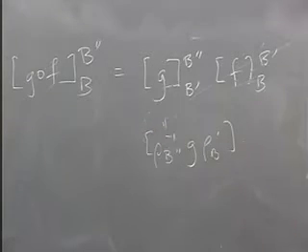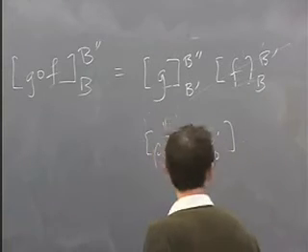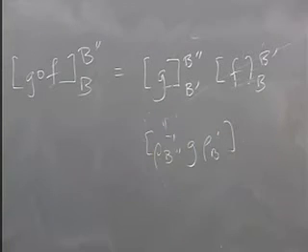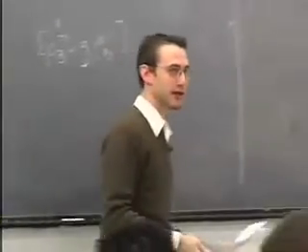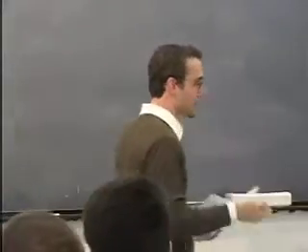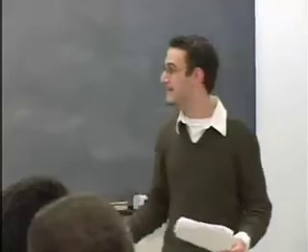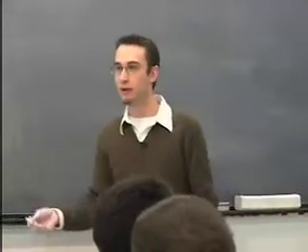So we preserved the structure. We have all these great properties. What if we want to change bases? I mean, there's nothing canonical about a basis. There are lots and lots of bases for a given vector space. Sometimes you need to work in different bases according to the applications.